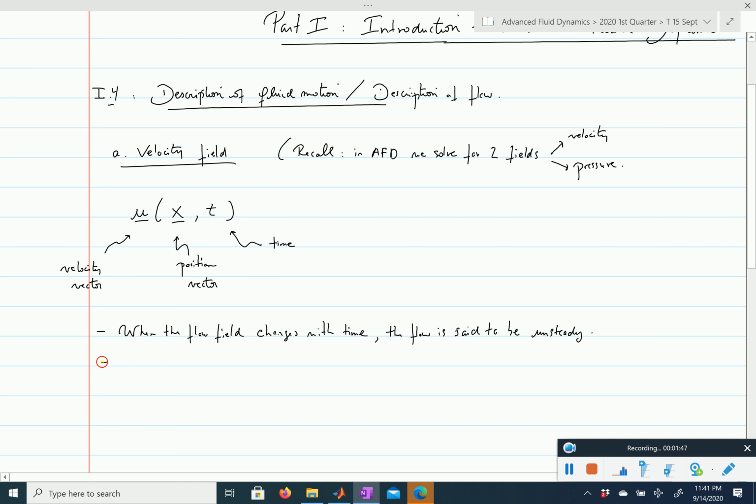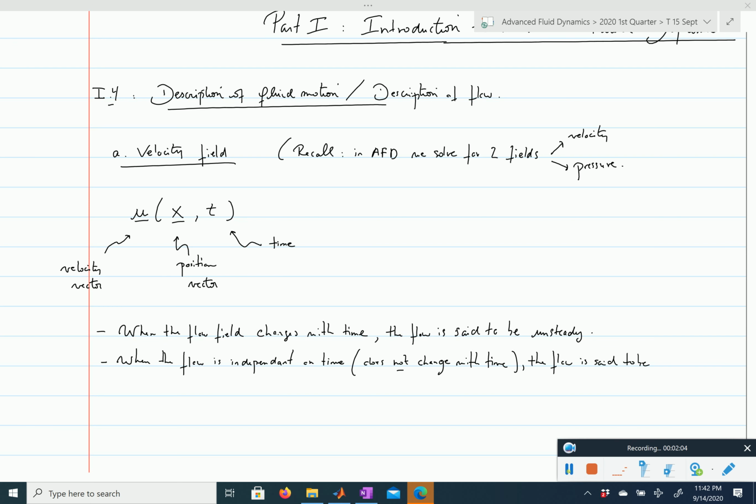And when the flow is independent of time, so it does not change with time, the flow is said to be steady, or you will also hear stationary.